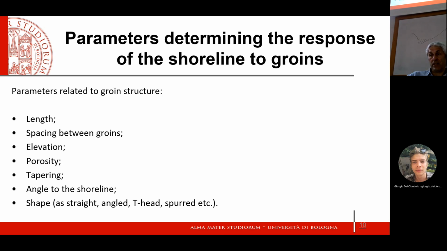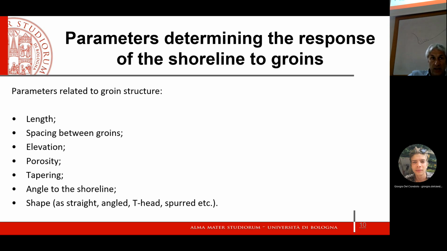So here there is a bullet point list of the parameters that determine the response of the shoreline to groins. And these parameters can be divided into 3 groups. The first group is the parameters related to groin structure.